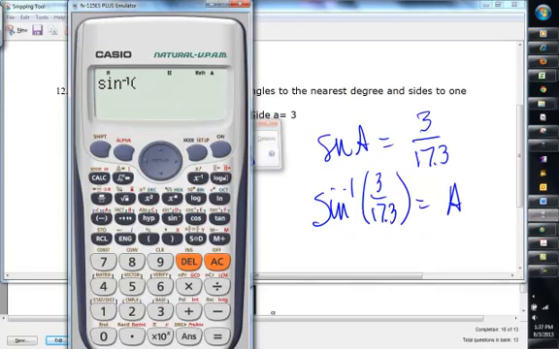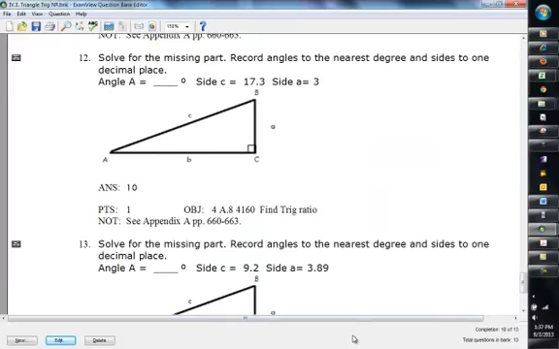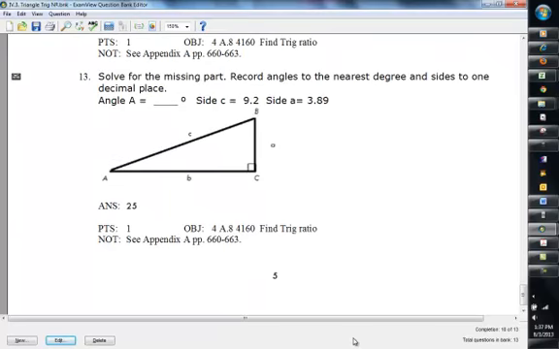Sine, fraction, 3 over 17.3, and we get 9.9, or about 10 degrees. Last one.